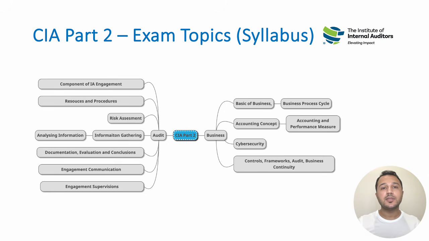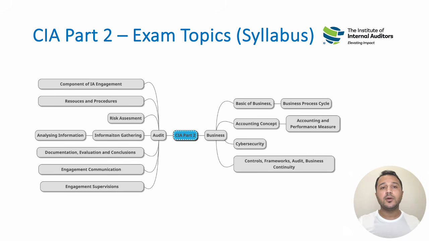So in the business section, it talks about some of the business cycles, for example, the purchase cycle, procure to pay, we call it. It could be sales and receivable cycles. It could be HR processes. So some of the business process cycles.